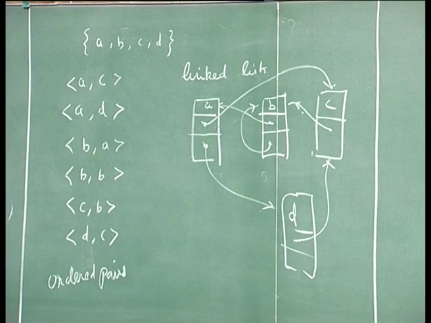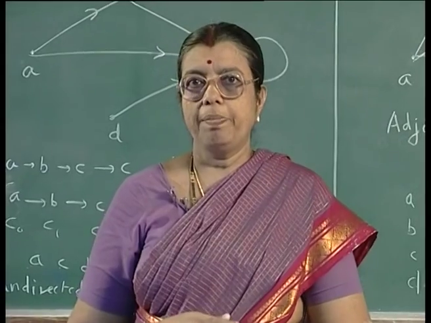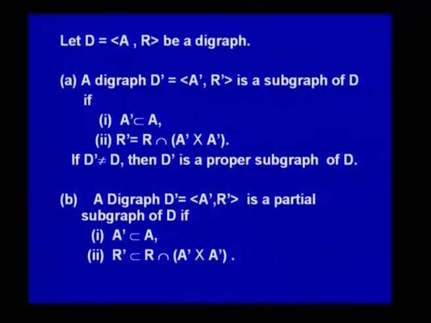Now, we will come to the definition of what is meant by a subgraph and a partial subgraph. Let D equal to (A, R) be a digraph. A digraph D dash equal to (A dash, R dash) is a subgraph of D if A dash is contained in A and R dash equals R intersection A dash cross A dash.